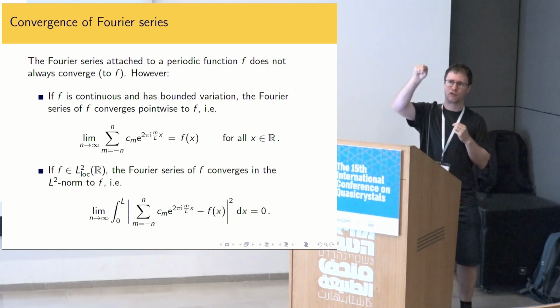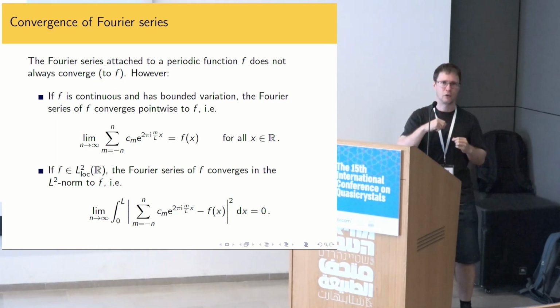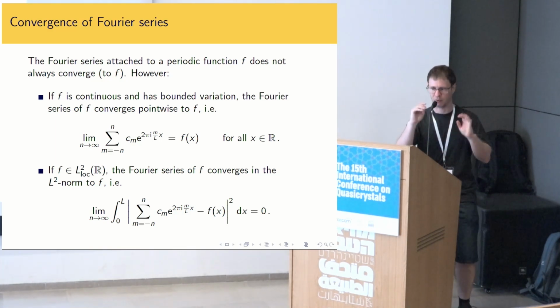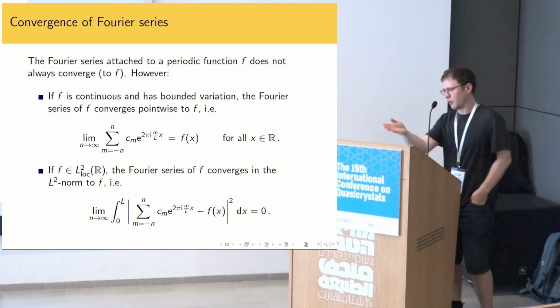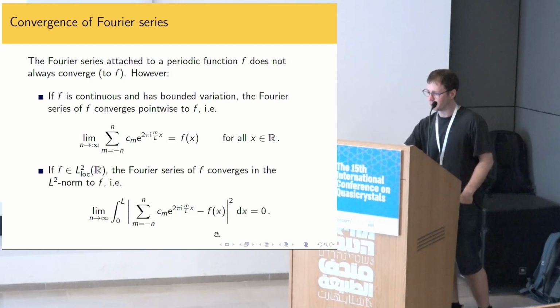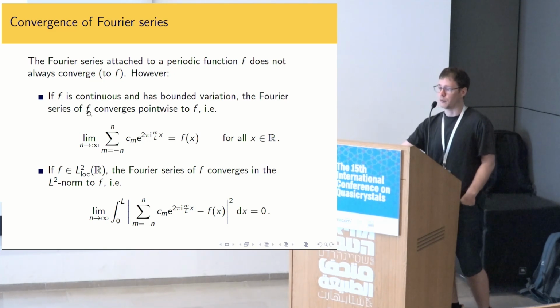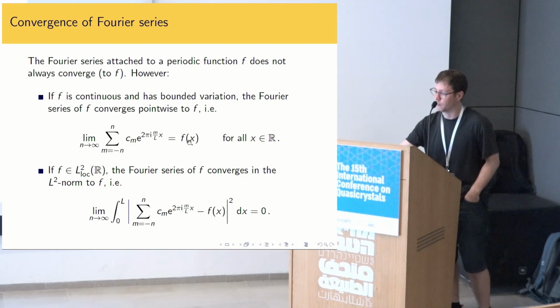If x approaches 0, it starts heavily oscillating, and it gets worse and worse the closer it gets to 0. This would not be of bounded variation. But as long as it is continuous and doesn't oscillate too heavily, then the series converges pointwise everywhere to the original function f, which means exactly this. I take the partial sum, take the limit of the series, and for every x, it converges to f of x.